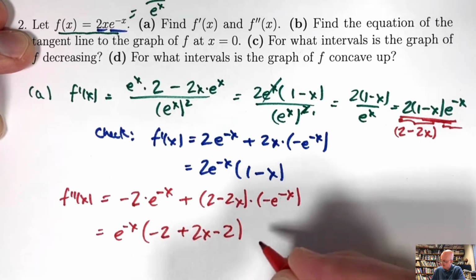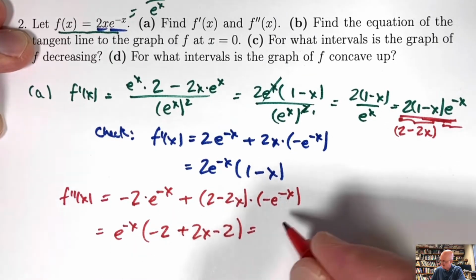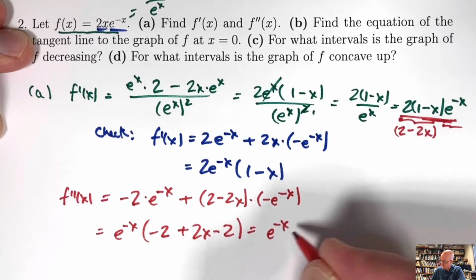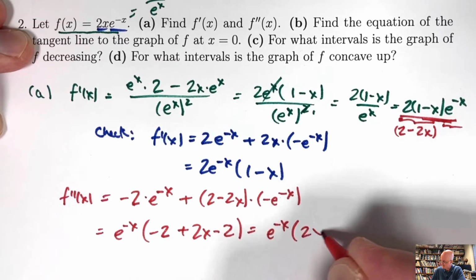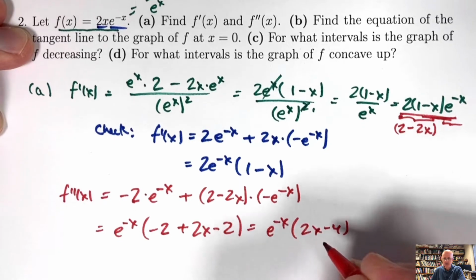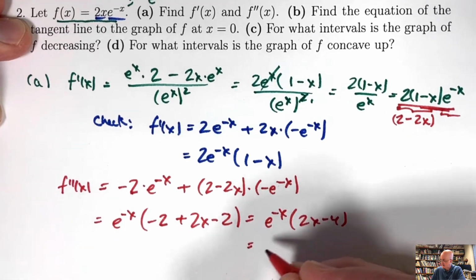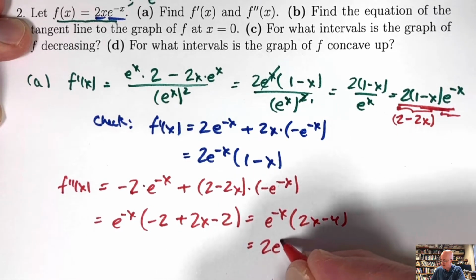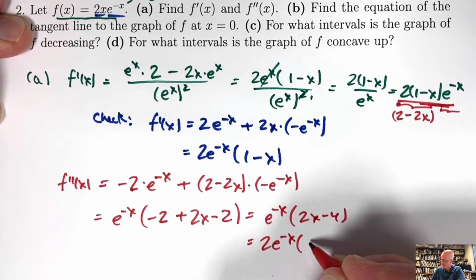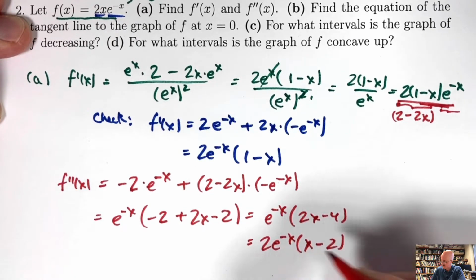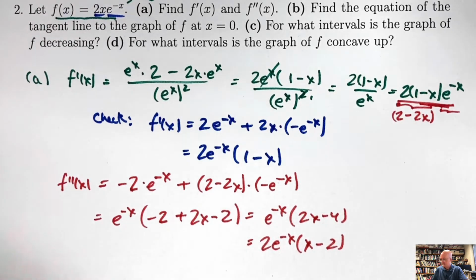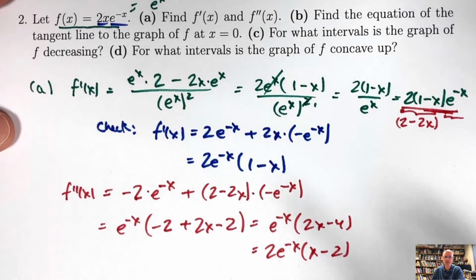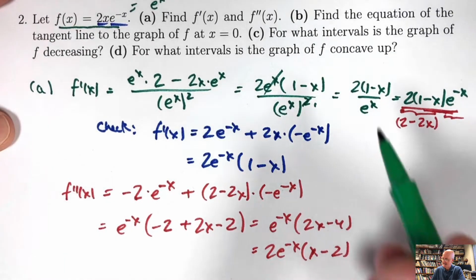So if I've not made a mistake, it looks like, let's see, e to the negative x times this simplifies to 2x minus 4, if I like. That's fine. I could also factor out a 2. I could write this as 2e to the negative x, and then in parentheses, x minus 2. Okay, either way is okay. And again, for gateway tests, that's fine to leave it like that. Okay, so we found the first and second derivatives. We did part A. On to part B.